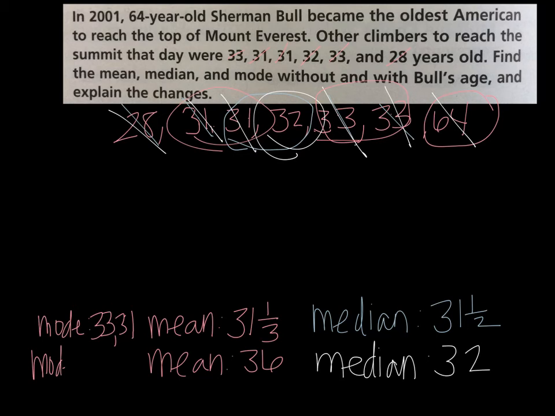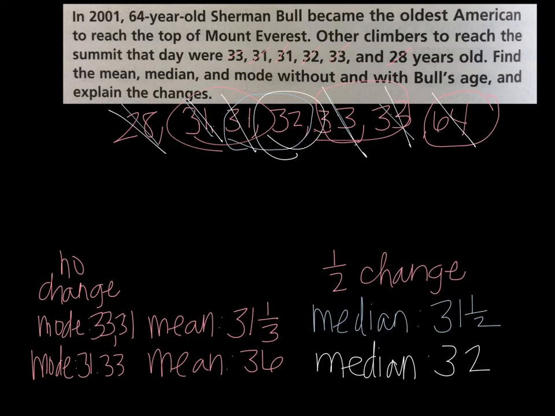And then the mode with his age is again 31 and 33. So there really was no change in the mode if I add an outlier. Just a half a point change with the outlier and median, but there was a 4 and 2/3 change. The biggest change we saw in the mean when we had the outlier versus when we took it out.